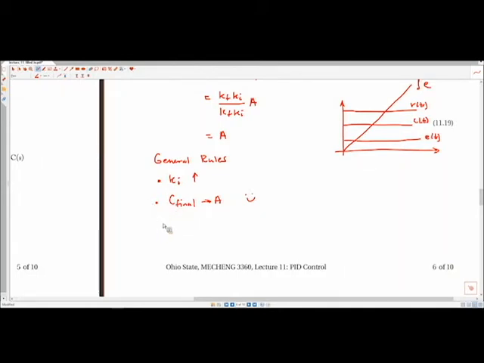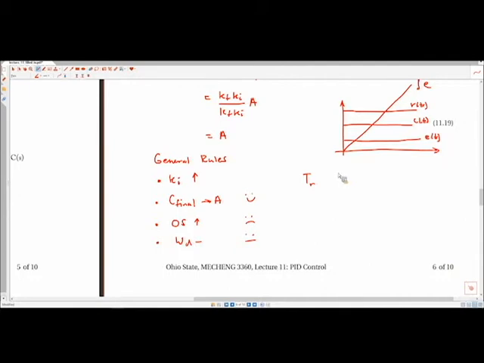There are some negative things. Your overshoot will go up. That's a bad thing. Damped natural frequency, no real effect. Rise time, you're making your system more aggressive. It really depends. The notes say it goes down, but that's taken from a textbook, and I don't know if I necessarily agree with it.